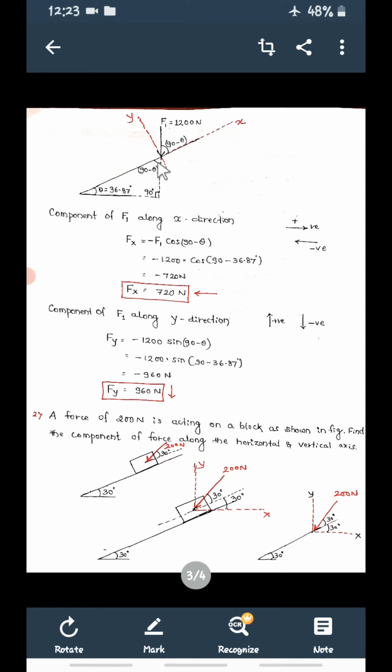This is 90 minus theta, which means this is also 90 minus theta, alternate angles. So this angle will be 90 minus theta, that is 90 minus 36.87. Now I can resolve this force. Make this horizontal, make this vertical. So that is the component of force.